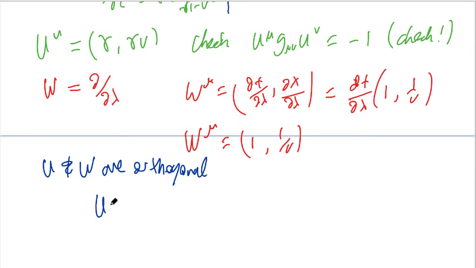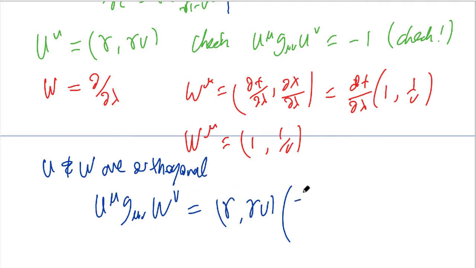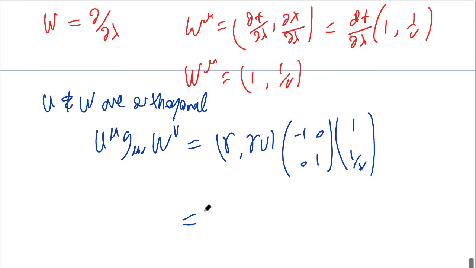In other words, u^μ g_μν w^ν, let's just compute it. u is (gamma, gamma v). The metric is diag(-1, 1). And w is (1, 1/v). So this is gamma, gamma v; -1 times 1 is -1, 1 times 1 over v.